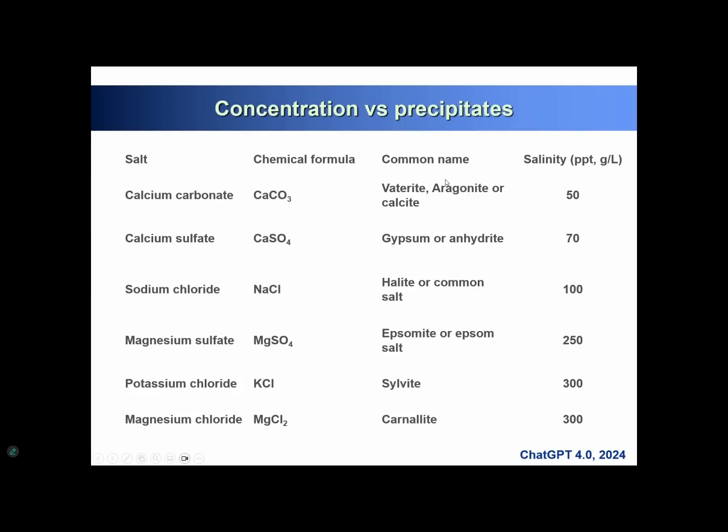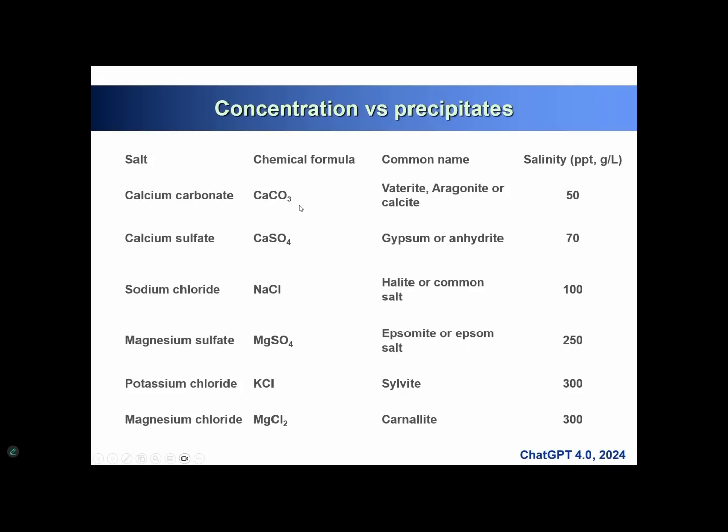If you have a little bit higher temperature or dry condition, they also produce aragonite and calcite. So depending on your crystal structure and size, and also the bonding strength of your material, you can produce it from the seawater brine.